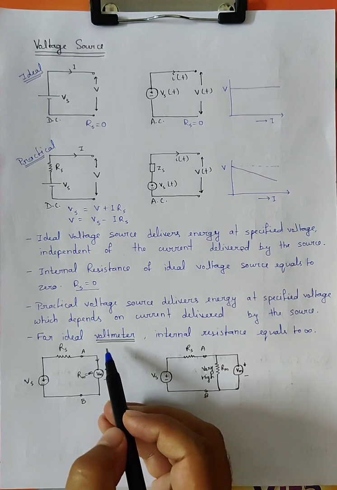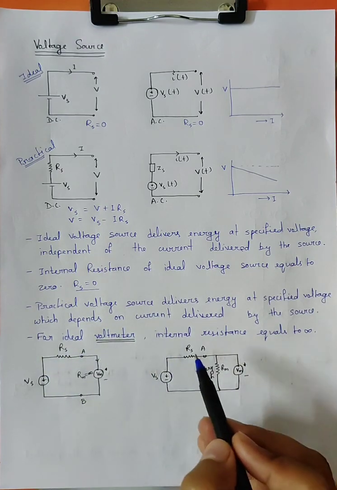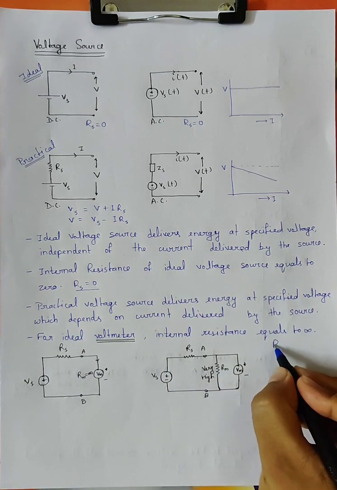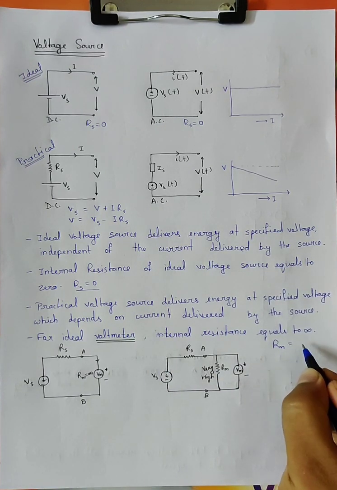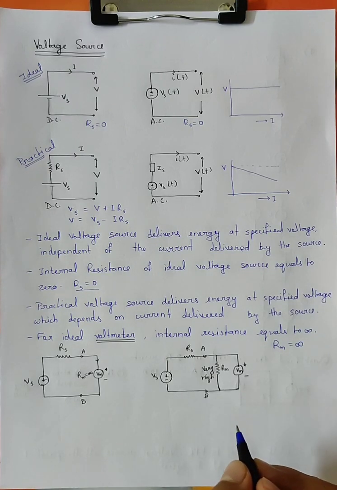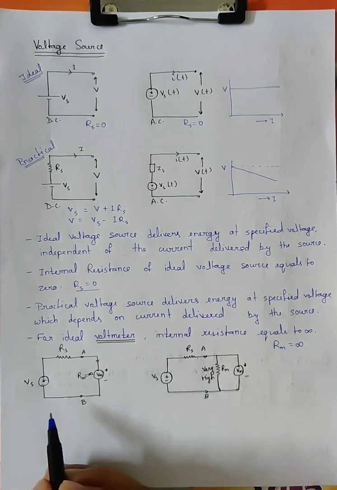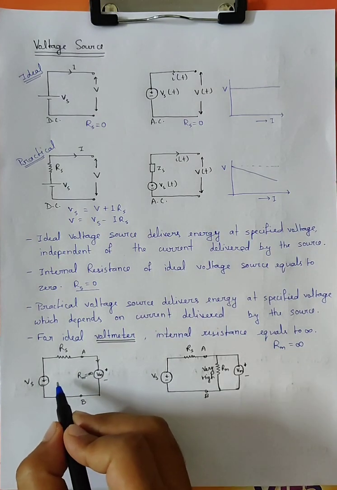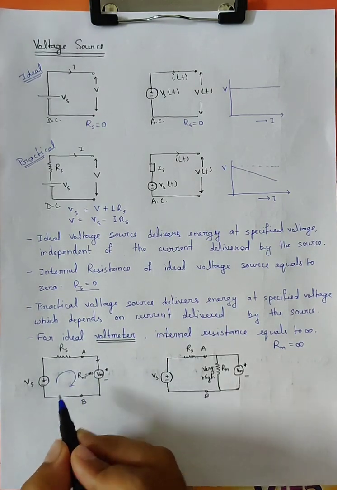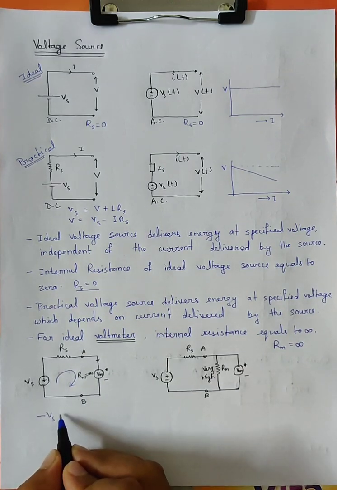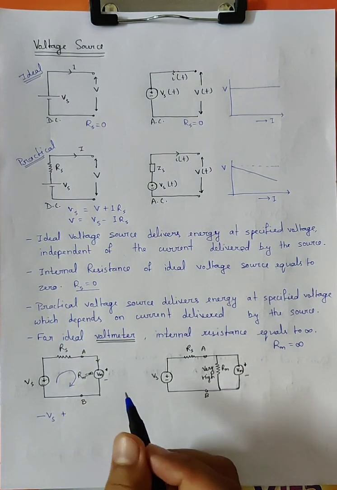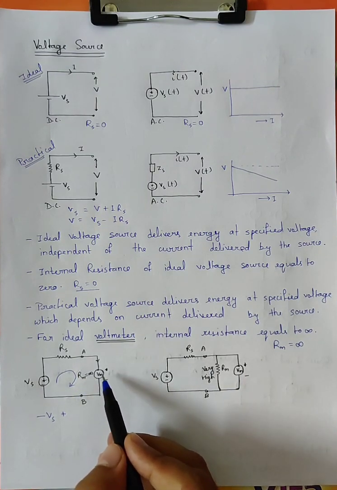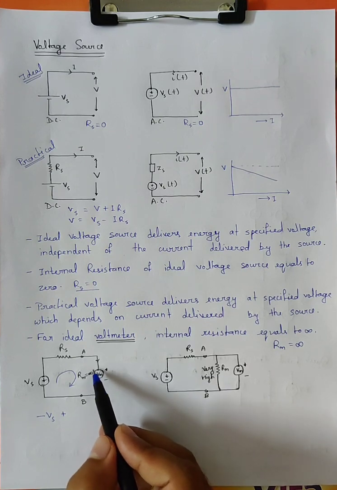Now we will discuss the voltmeter. For an ideal voltmeter, internal resistance equals infinity. Rm, we can say, will be equal to infinity. For this circuit, we can write the KVL like this: minus Vs plus, as the Rm is equal to infinity, this is an ideal voltmeter.